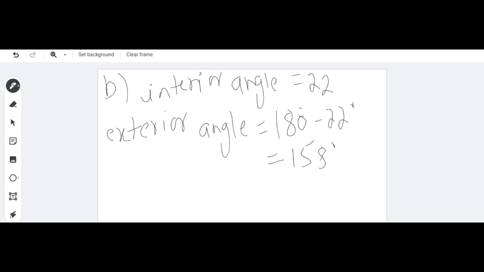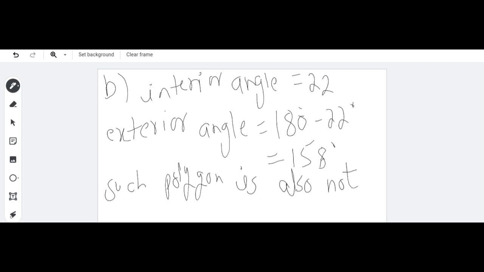Now 158 is also not an exact multiple of 360. Such a polygon is also not possible.